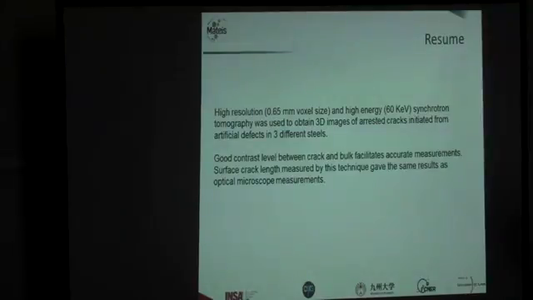So, as some conclusions: we did high-resolution, high-energy synchrotron tomography to find the 3D image with a good contrast level, so that we can see where the crack is.